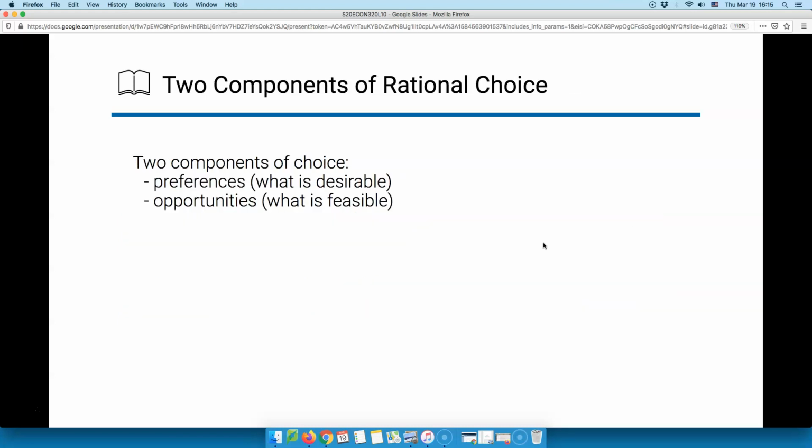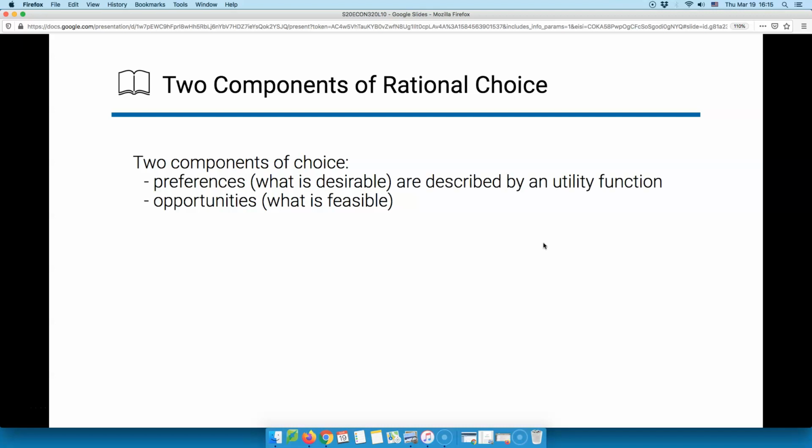Going back to the beginning, we've described two components of choice. So far we've talked about preferences, and we can say that the preferences are described by a utility function.